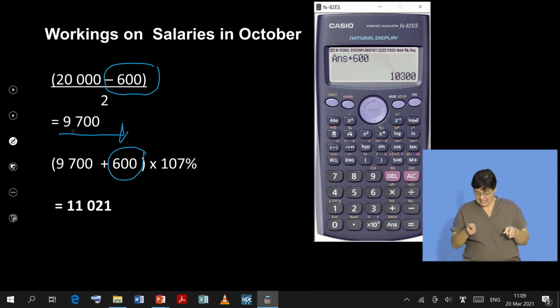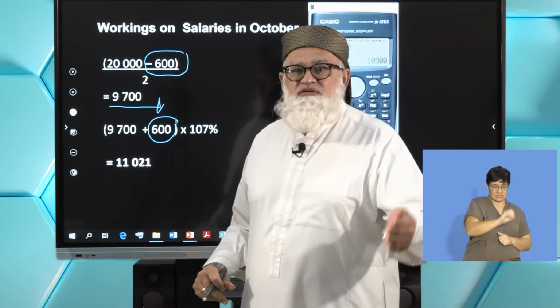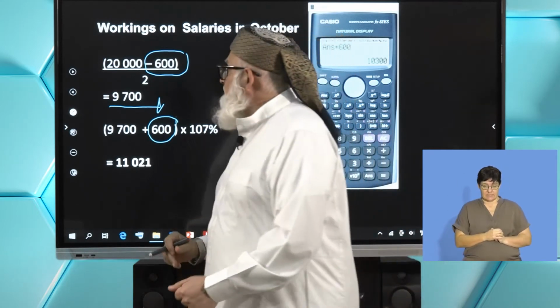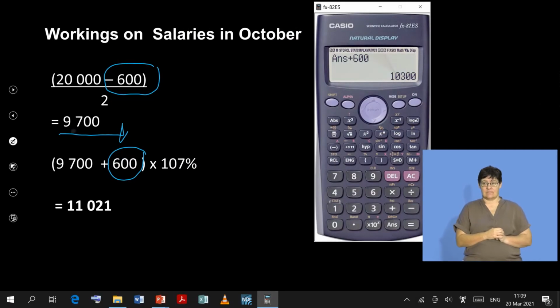Now increase that by 7%. Okay, so we say 10,300 times your 7%, and that will give you a figure of 721. Let's just check our calculation again, maybe we left out something.